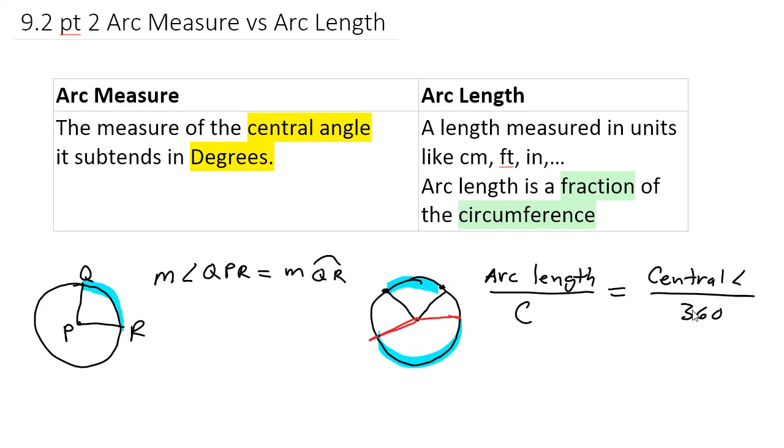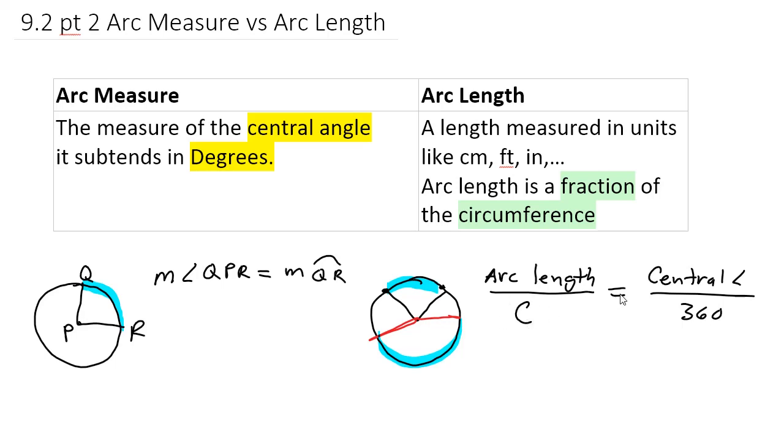Okay, let me go over this one more time. The arc length is a fraction of the circumference, meaning a little piece of the arc out of the whole entire circumference. We know what the entire circumference of a circle is, and we're going to change that in a little bit.